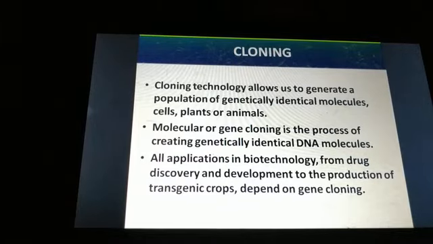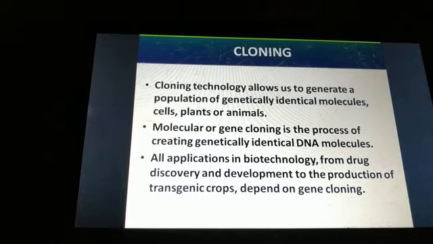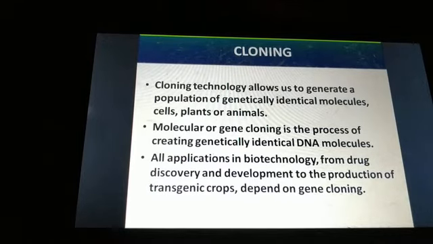Next, molecular or gene cloning is the process of creating genetically identical DNA molecules. I have just told you this technology is used to produce exact copies of DNA molecules to produce a cell, plant or animal.